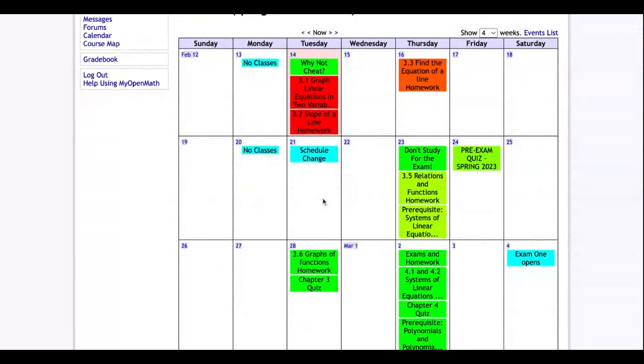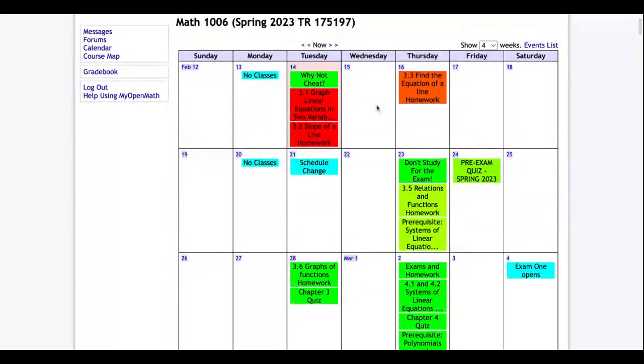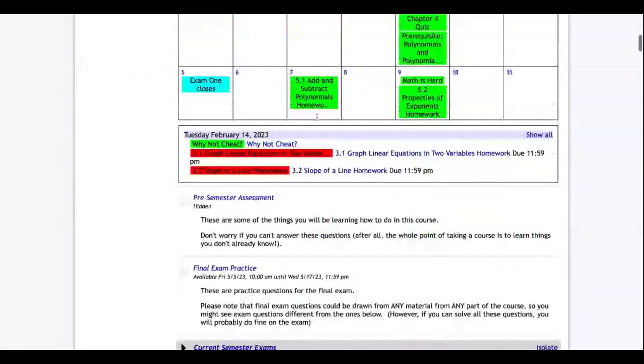So today, find the equation of a line homework, due on the 16th. You have time to do your homework, but better today. You can start your homework right away. 3.1, 3.2, 3.3. I just finished talking about 3.3, and you have 2 days to finish it, because this shows the due date. The 16th is the due date, I guess.